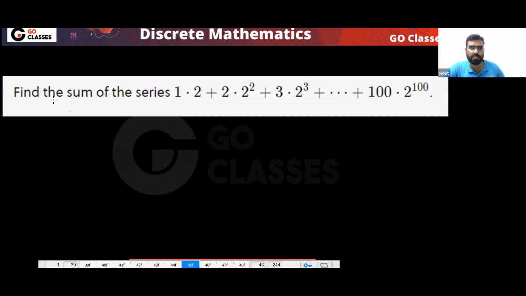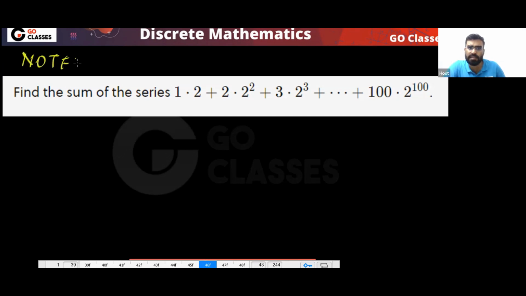Now let's solve this question. Tell me, for this question, can you apply that formula? Why not? Please tell me why we cannot apply that formula for this. Because this is not infinite. Very good. The main reason is this is not infinite.